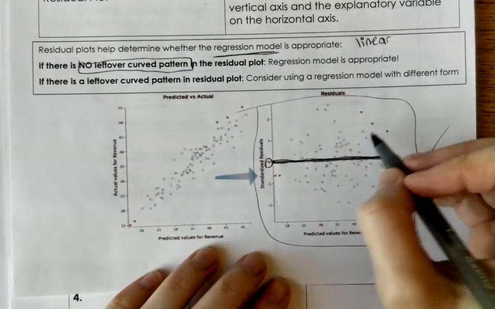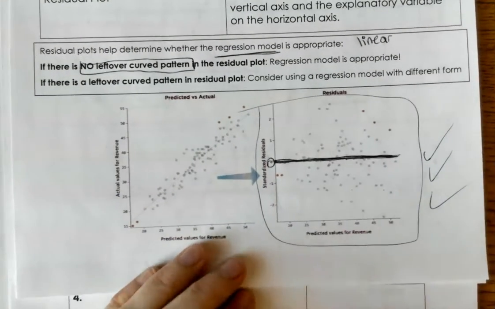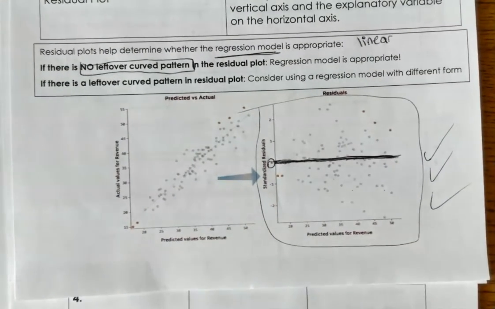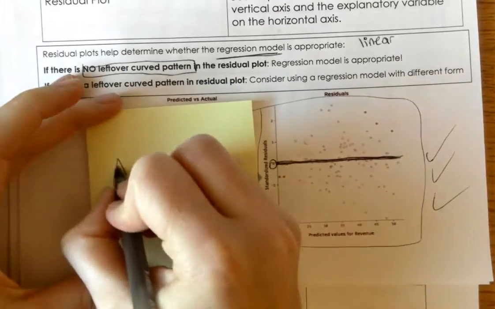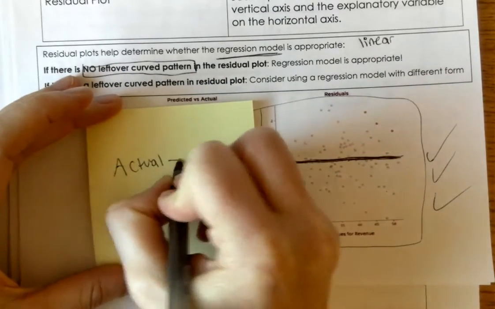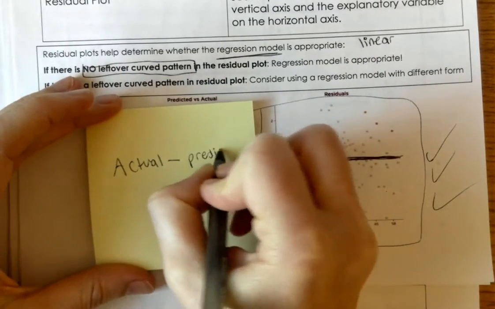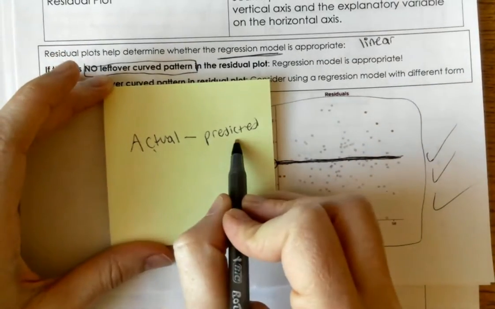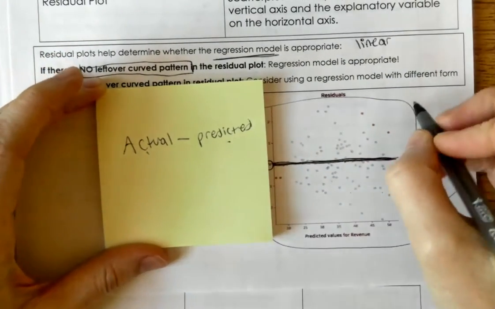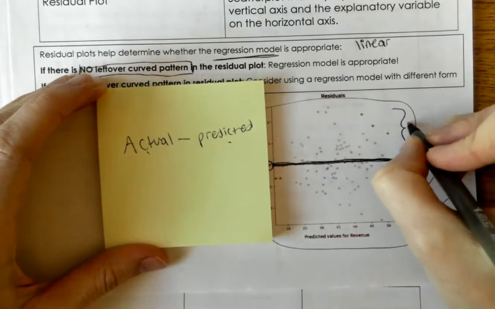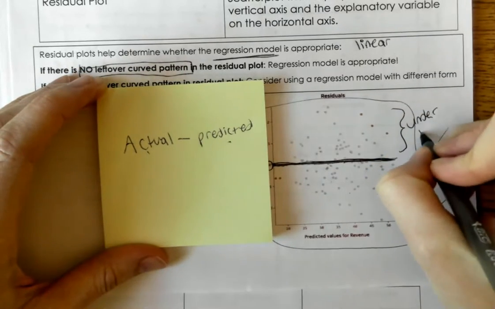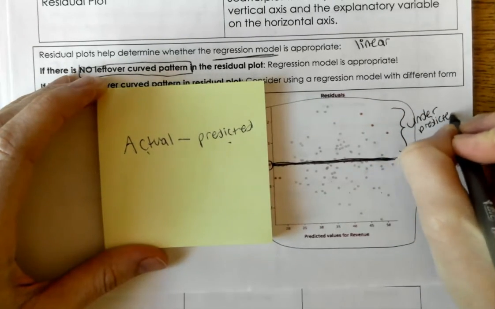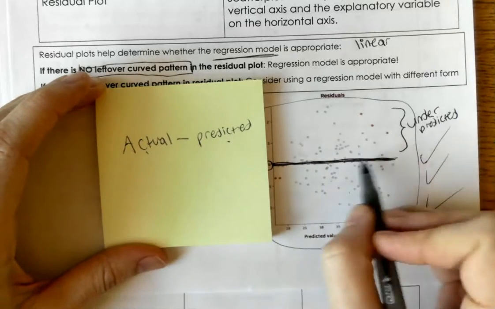All of these dots on top, if I have positive residuals, think about what that means. Actual minus predicted. That means our actual was larger than our predicted, so we underpredicted up here. Underpredicted, because our residual is positive.